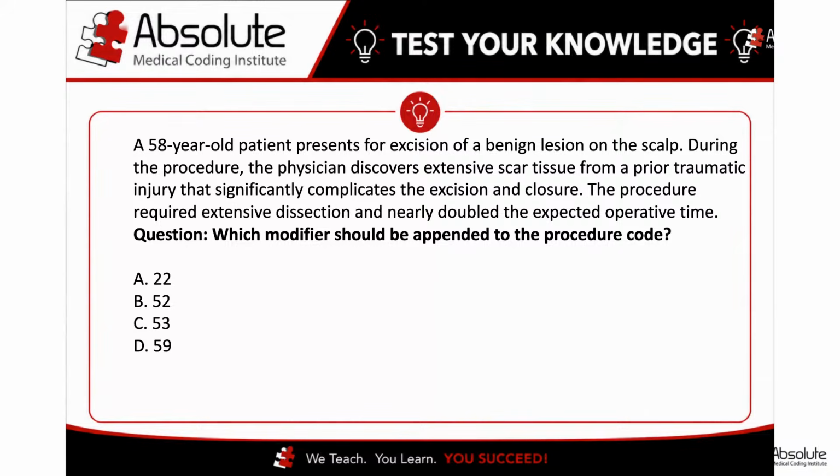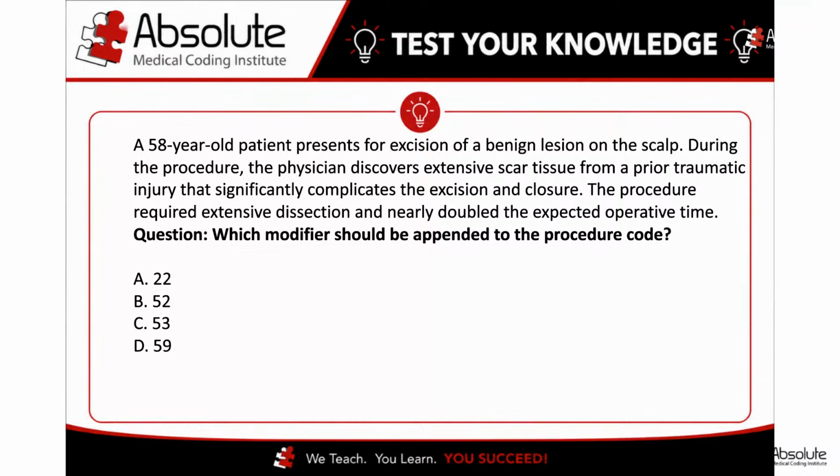During the procedure, the physician discovers extensive scarred tissue from a prior traumatic injury that significantly complicates the excision and closure. The procedure required extensive dissection and nearly doubled the expected operative time.